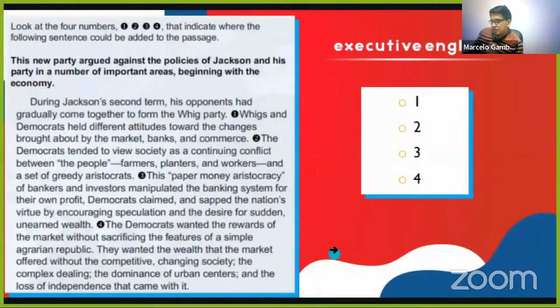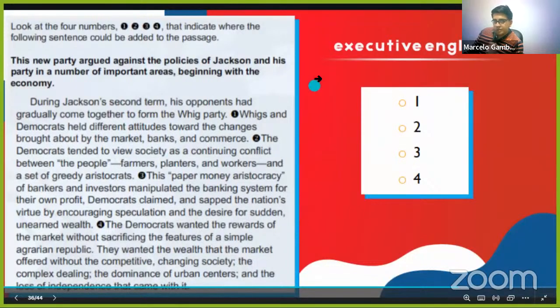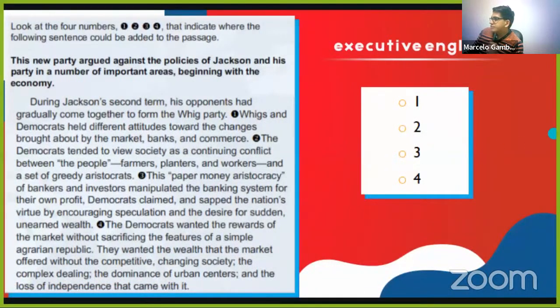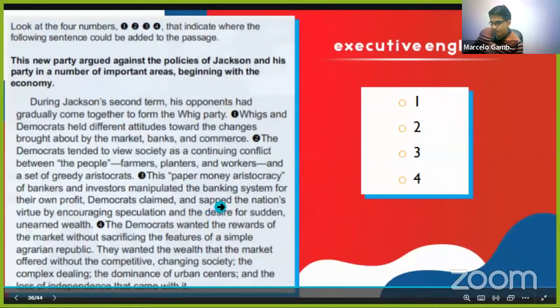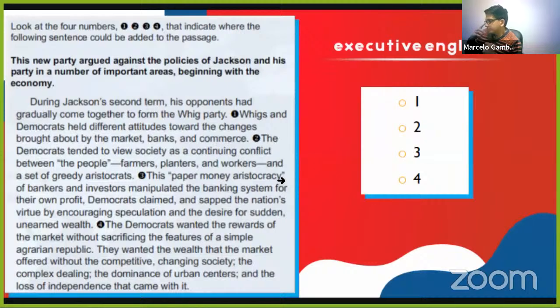Any question about this paragraph or anything? By the way, sap here means to destroy, or drain. Like sap the nation's virtue: you drain, destroy, weaken the nation's virtue.